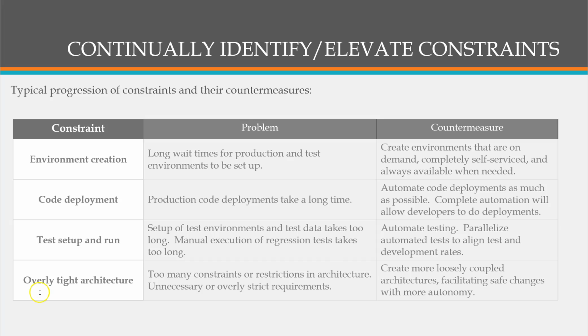Okay, this fourth one, overly tight architecture. Oftentimes in systems there are too many constraints or restrictions in the architecture. Sometimes this is with security or perhaps regulatory rules that you have.